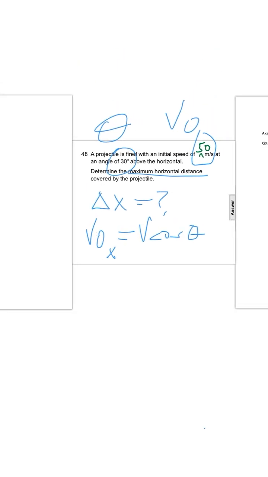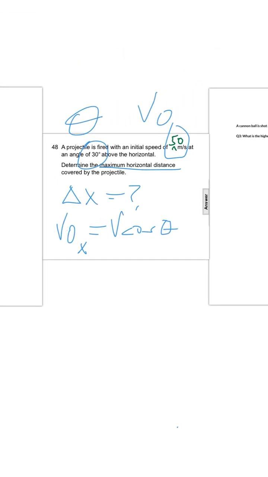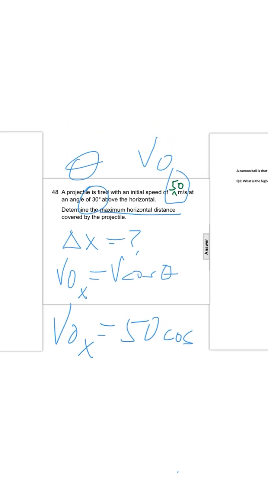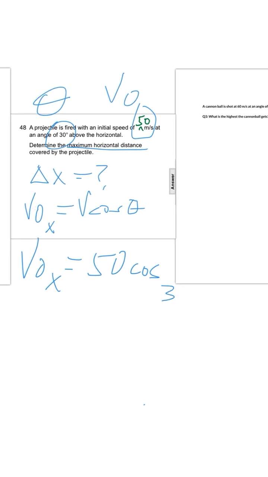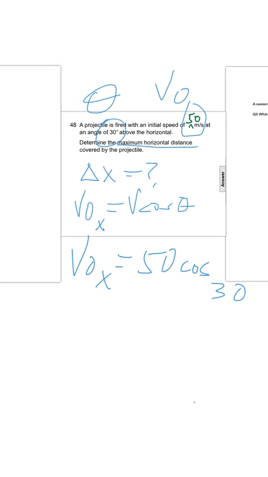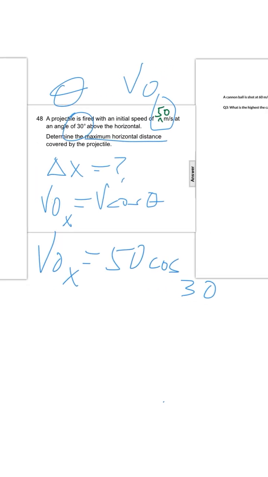So let's work it out. VOX equals 50 times cosine of, what is it, 30. Okay, so I need to calculate this.